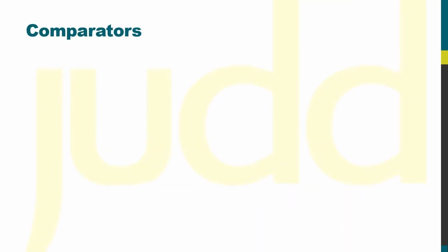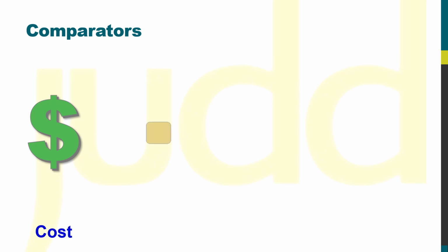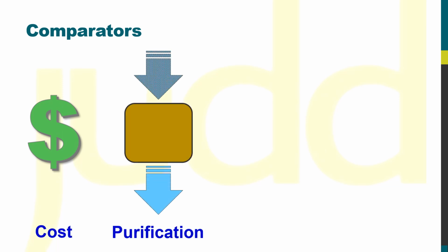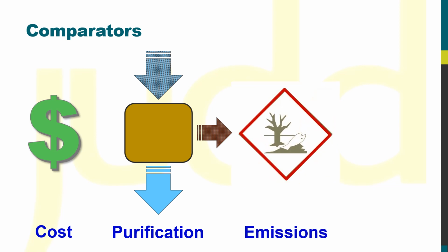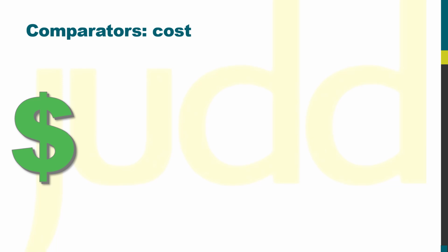The key bases for comparison of these processes, and most others, are cost, purification performance, that's how much pollutant is removed, and emissions, including from waste. Costs are normally categorised as either capital or operating expenditure.